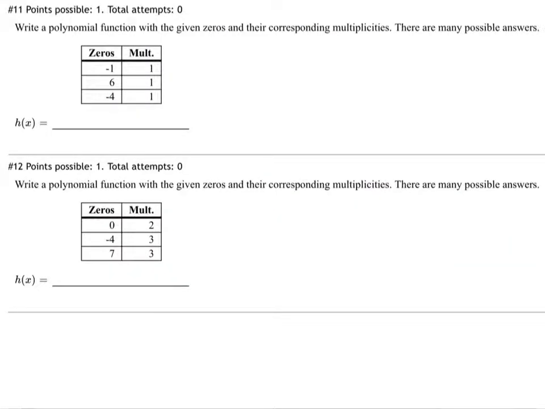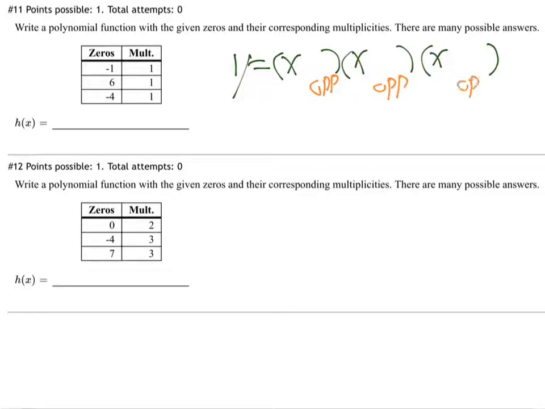So they're giving us zeros and multiplicity, and they want you to write a function. Can you go ahead and write the function on that? Remember how we learned to do the parentheses, y equals parenthesis x, always putting the opposites in there.